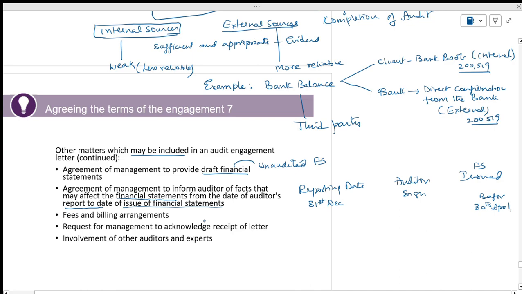Now, what happens? Agreement of management to inform the auditor of facts that may affect financial statements from the date of the auditor's report to the date of issue. Anything that happens from here to here, so many issues. We will cover this in detail.